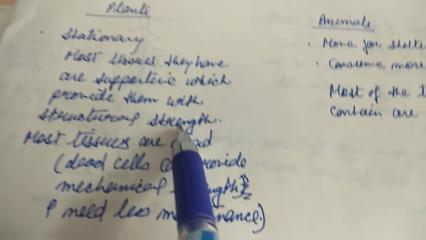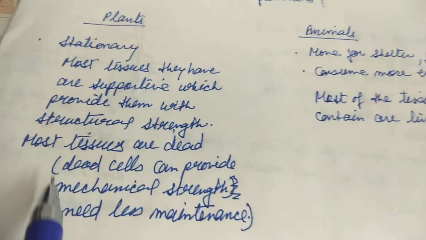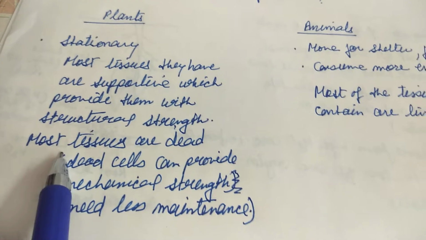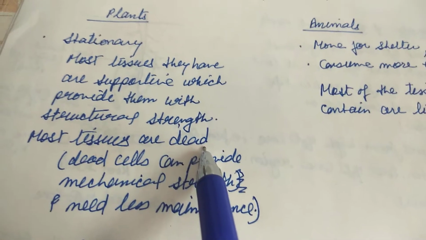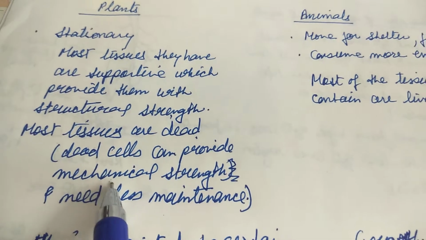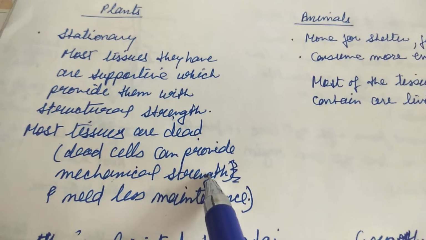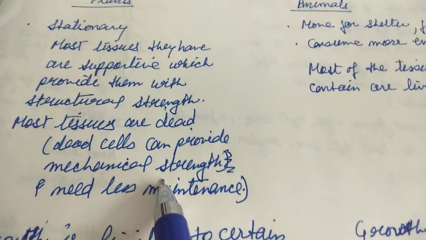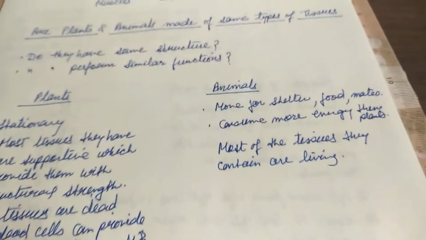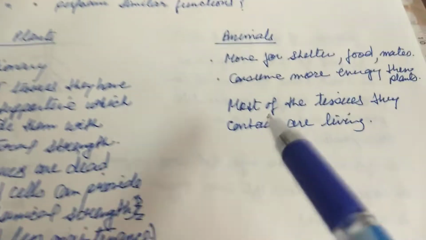of the environment. So the tissues that are present are mostly dead, right? Dead cells provide mechanical strength, and they need less maintenance. So this is one basic difference that plants have from animals.